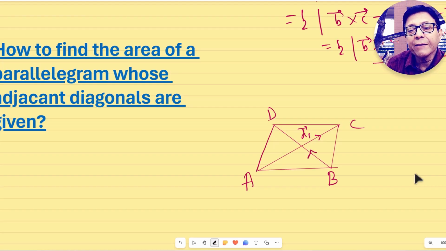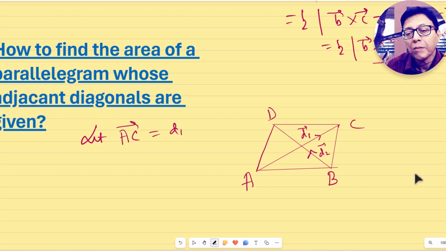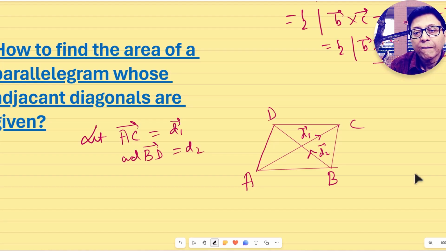So let us take a parallelogram. Its two diagonals are given this manner. We are doing vector, it will be given in terms of vector only. And this one also, D2. Okay, we want to find area of it.